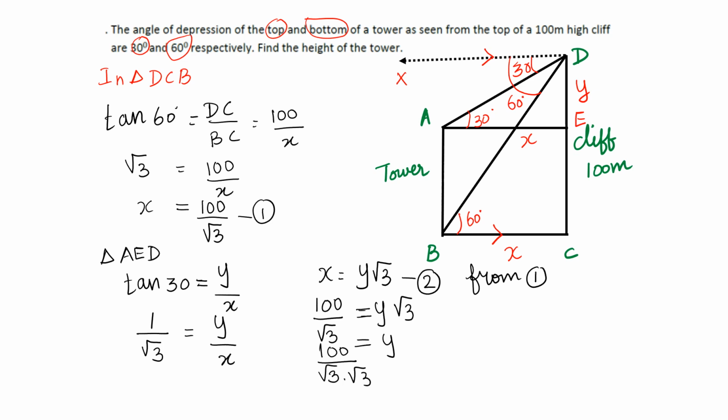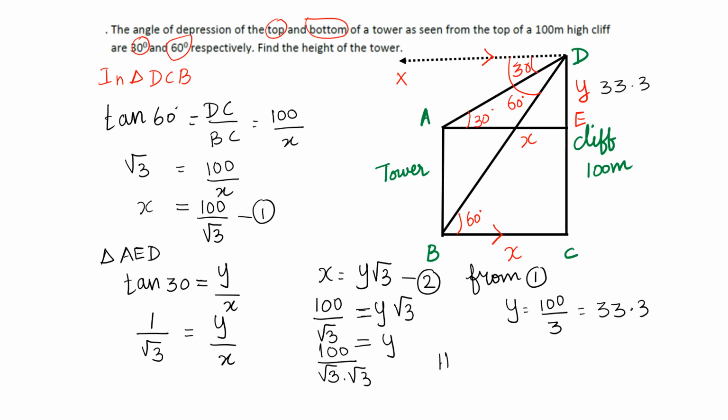So y is what you will get? 100 by 3. You know what is 100 by 3? 33.3. So y equal to 33.3. And if you want to find out this tower, you have to subtract the 33.3 from 100. Okay, so the cliff height is 100, and if you subtract 33.3 from that, you will get the tower's height. Okay, so that is what we are going to do here.